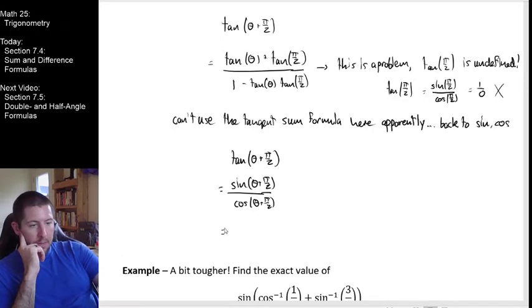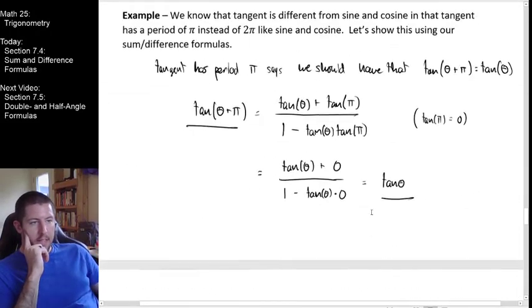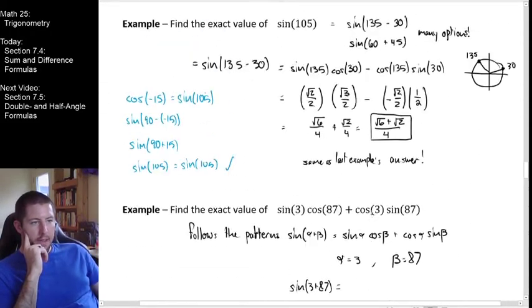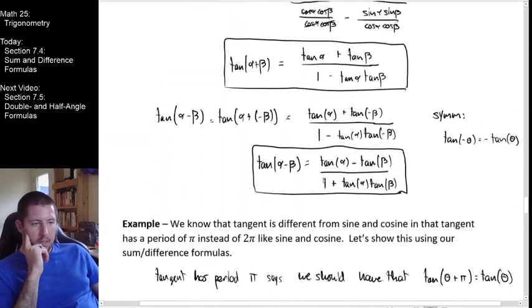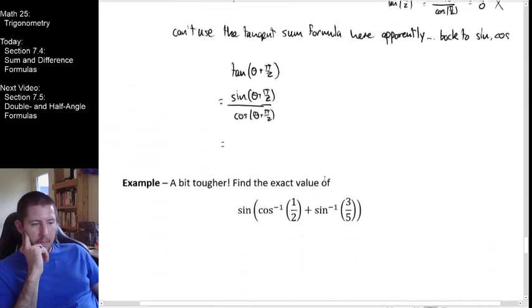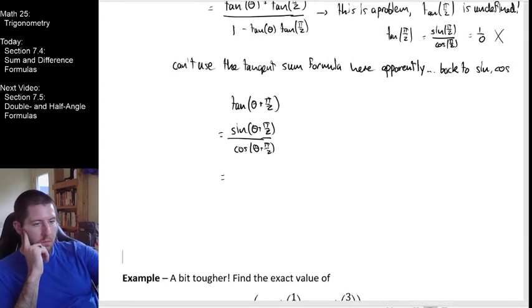Well, I've got my sum formula for sine on top. Let's scan back up and find that. There's my sum formula for sine: sine, cosine, plus cosine, sine.